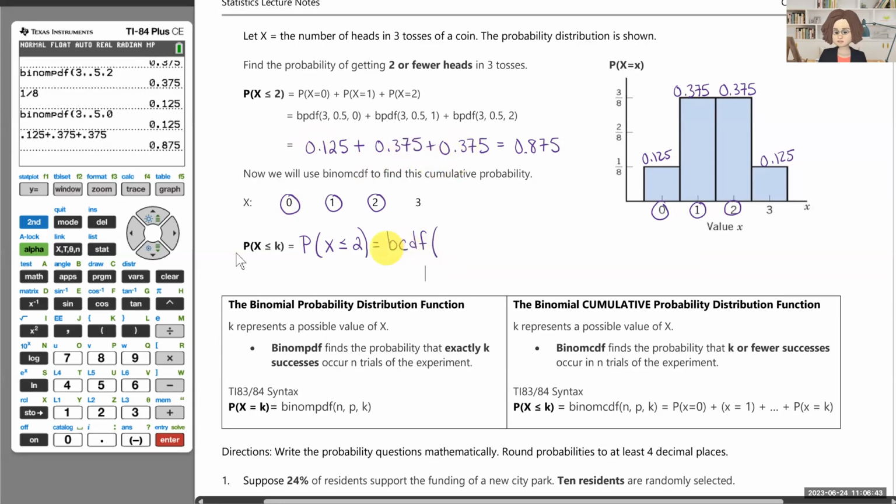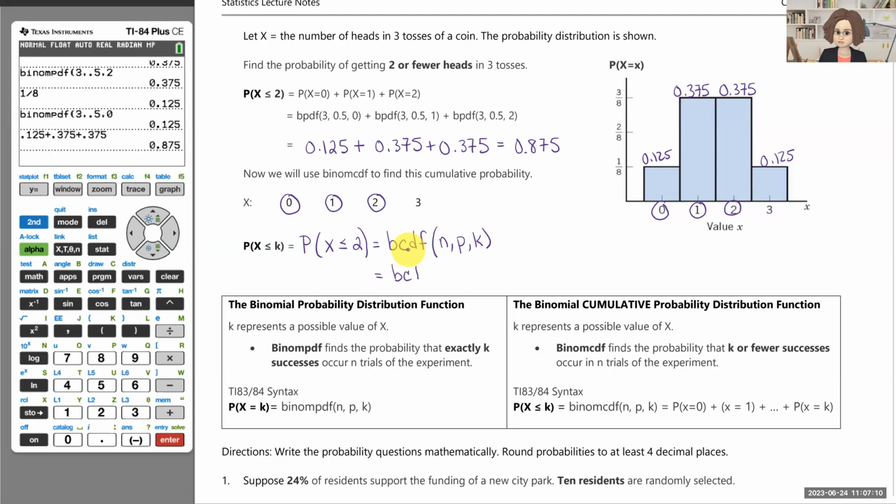The key to it is that it is required that you're always starting at 0 successes. So it starts at 0 successes, and then we'll keep adding sequentially until you get to that stopping value K. So binomcdf. All right, so it's still n, p, k.